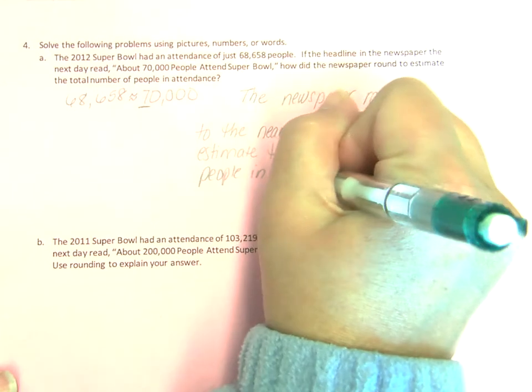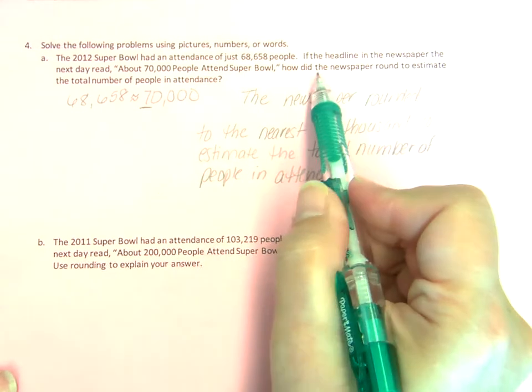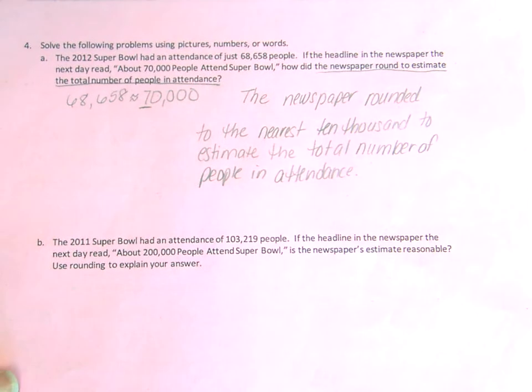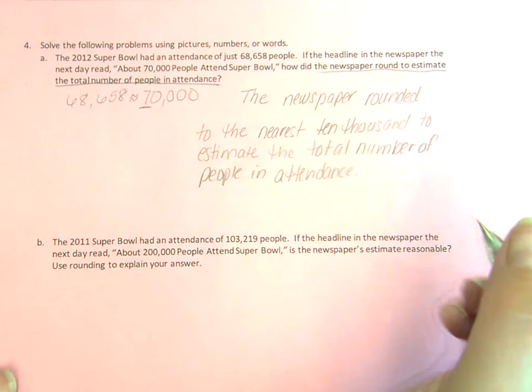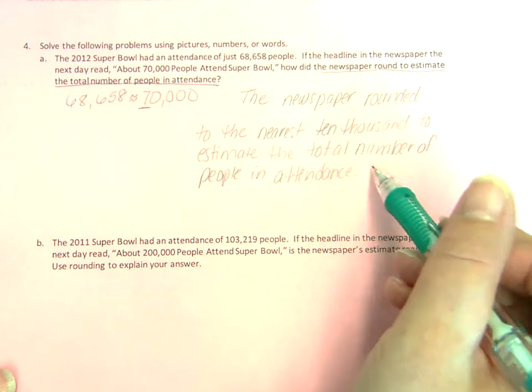Now, if you need to pause this, you can, but remember, your words are right up here, so you should be able to spell these words to answer the question. Use your resources, friends. Okay, so the newspaper rounded to the nearest 10,000 to estimate the total number of people in attendance.